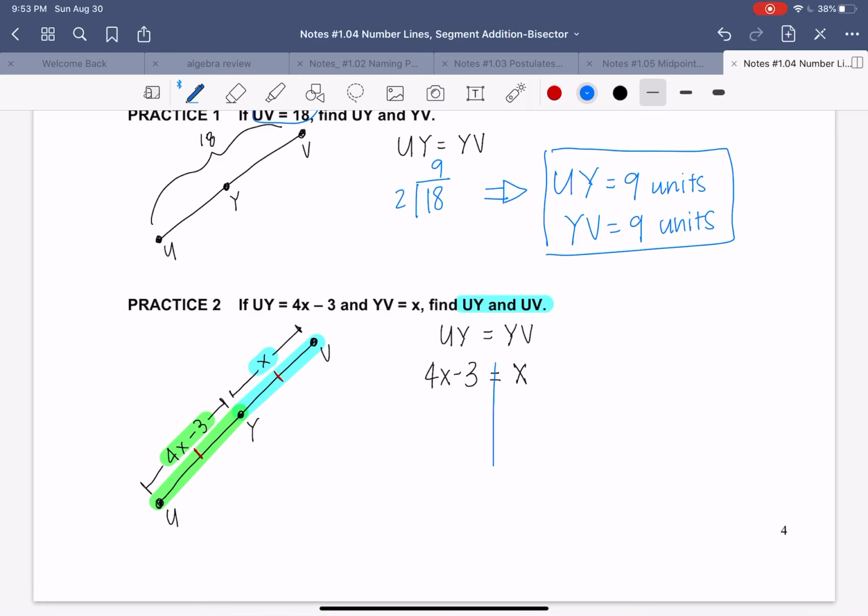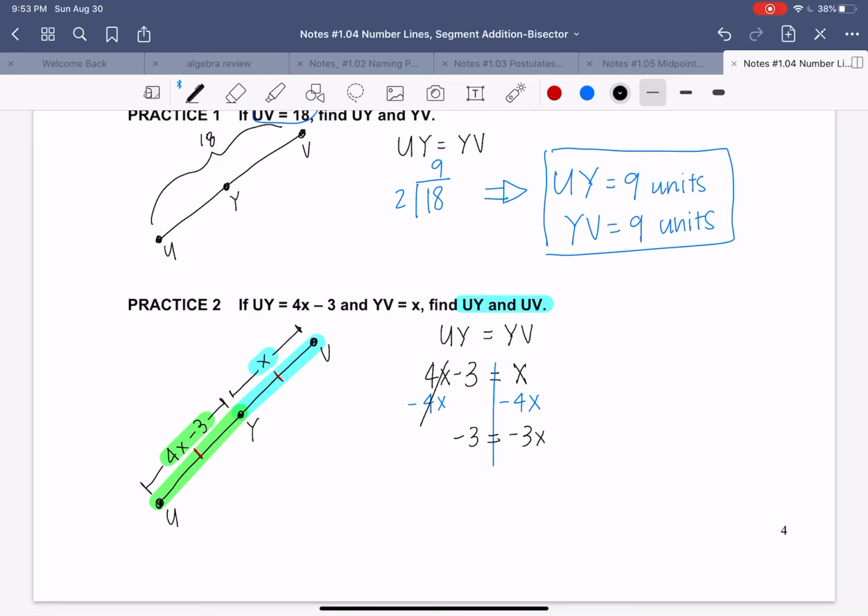So I'm left with a negative 3 on the left side, because 4x minus 4x gets you 0 on this side. And then I have a negative 3x on my right side, 1x minus 4x. Am I done?